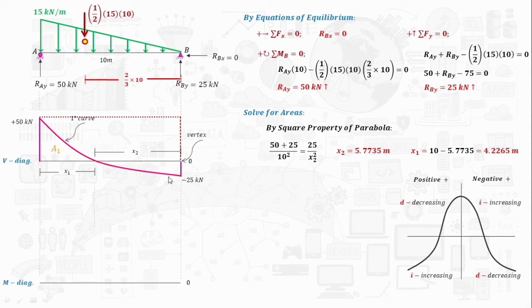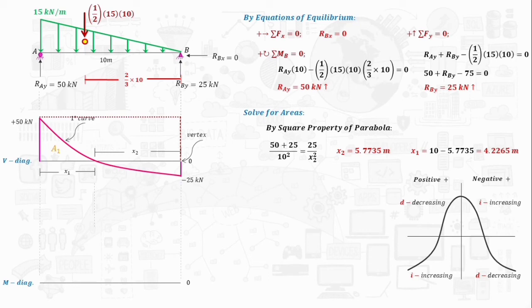So may x1 na tayo and may x2. Masosolve na natin yung area 1 and area 2. So first, solve muna natin si area 1. Hindi natin directly magagamit yung 1/3 base times height kasi nandito yung vertex natin, hindi dito, di ba? So dito dapat tayo mag-start ng determination ng area.